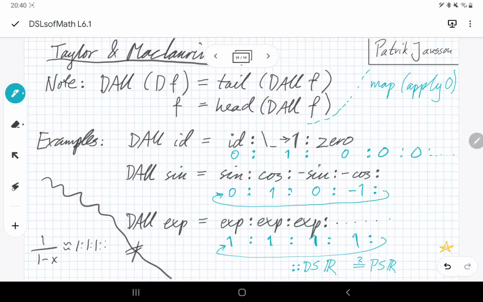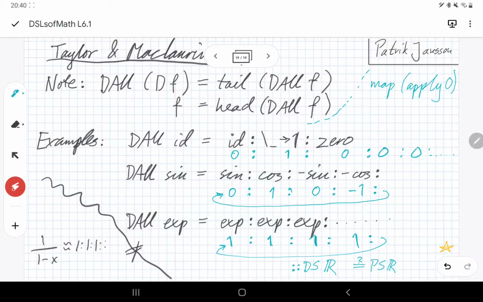Let's just erase that. But here, the same list of coefficients, just constant ones, is now representing the exponential function in the ds representation. So here we've got an example where we can use infinite lists to represent the function in two different ways. In one way, we get one list of coefficients. In another way, for another function, we get the same list of coefficients.